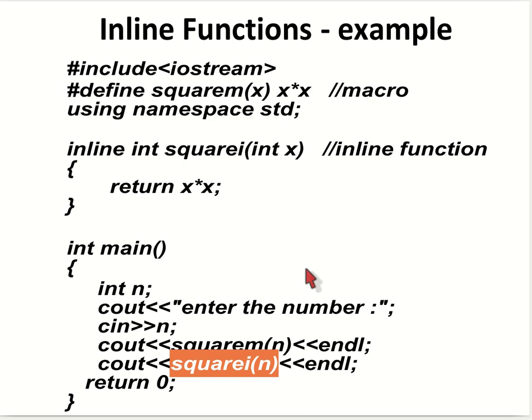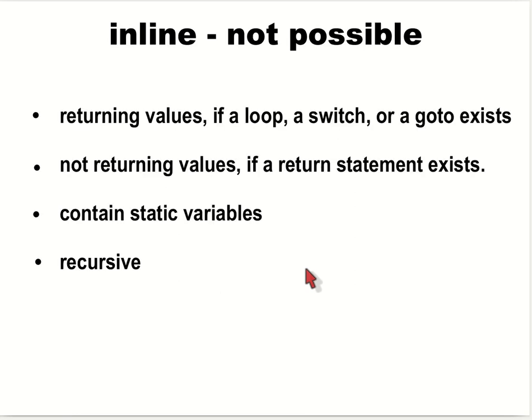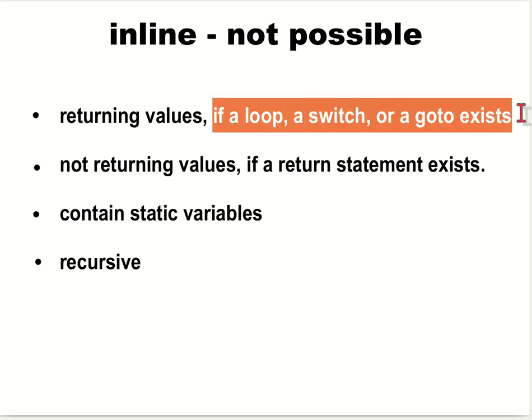Let's see the conditions for creating an inline function. If a loop, switch or goto exists inside the function, it is not possible to make it inline. That means selection statements as well as iteration statements should not be used; only then can the function become inline.